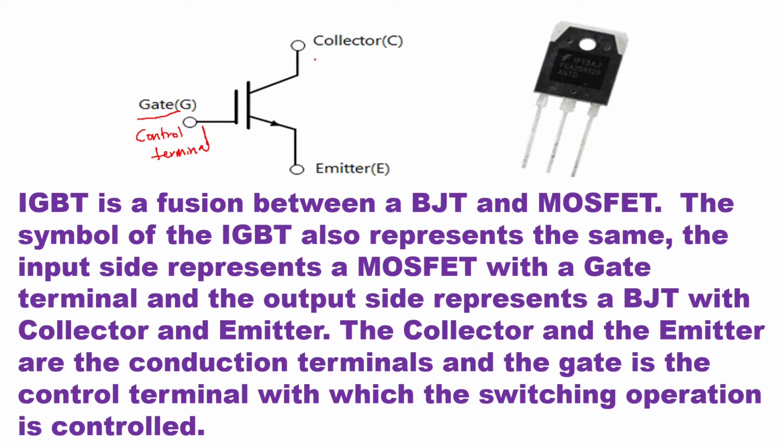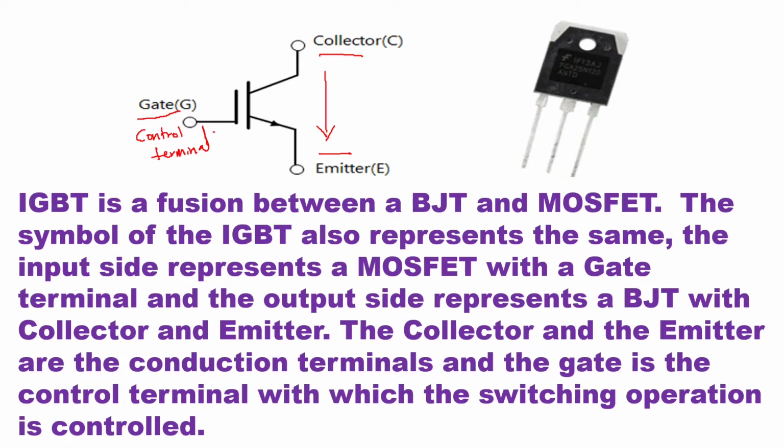And here you are having collector, and here you are having emitter. The current is going to flow from collector to emitter. So these are your BJT-like terminals, collector and emitter, and the gate is like your MOSFET terminal.